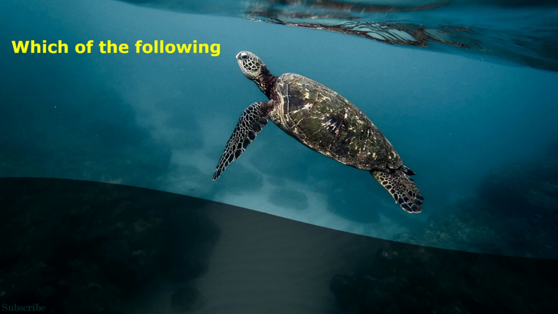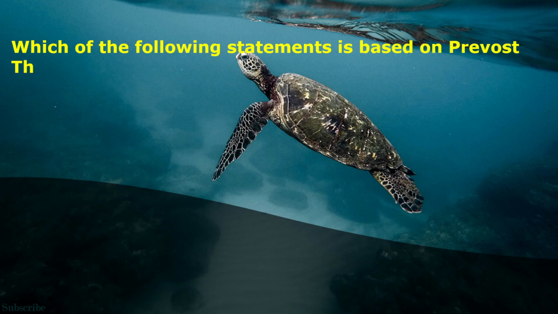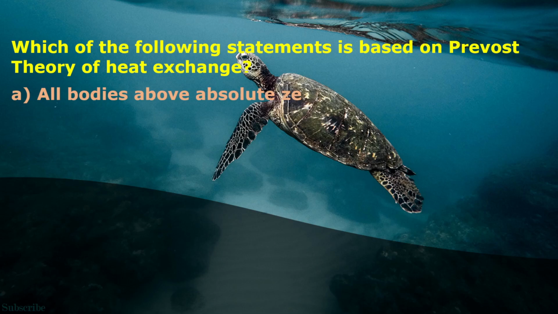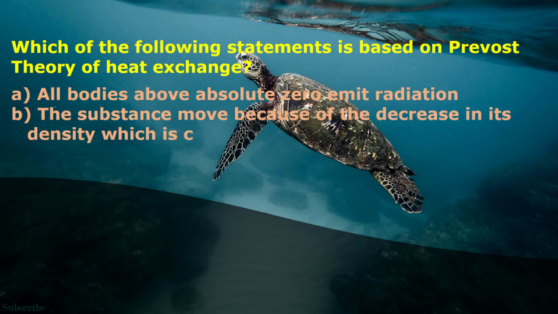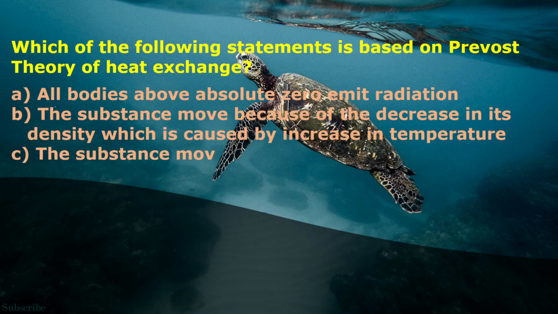Question number 6. Which of the following statements is based on Prevost theory of heat exchange? A. All bodies above absolute zero emit radiation. B. The substance moves because of the decrease in its density which is caused by increase in temperature. C. The substance moves because of the application of mechanical power such as that of a fan.